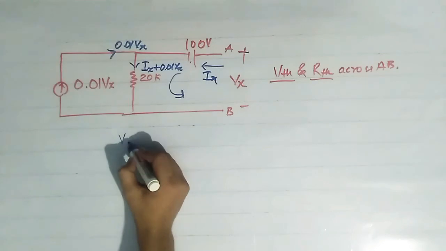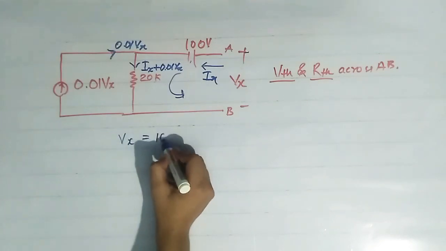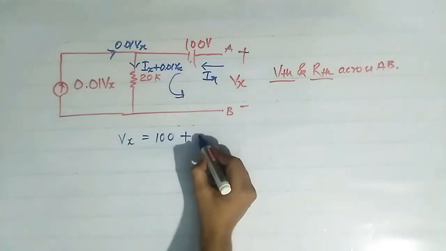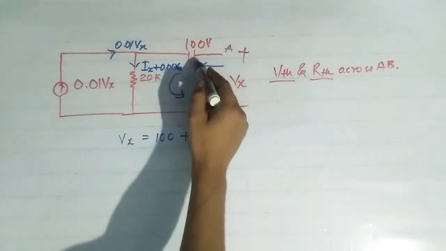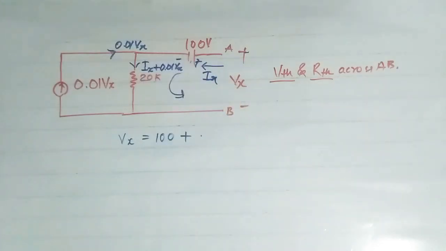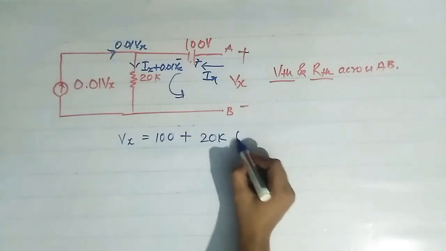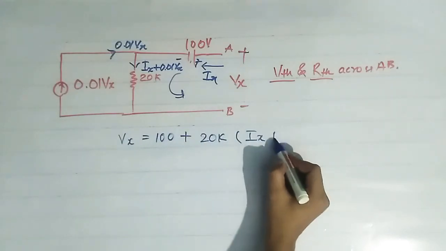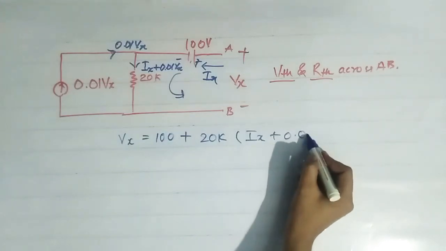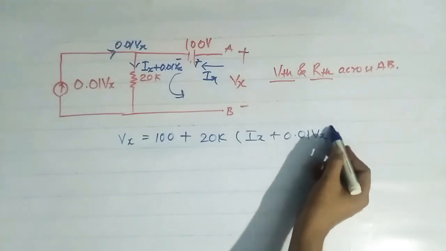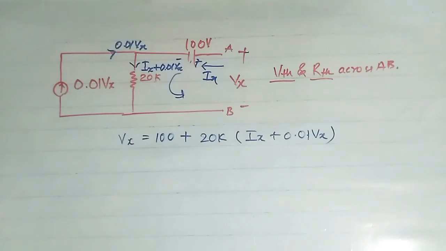So we can write Vx is equal to 100 plus, here this positive terminal is encountered, so 100 plus 20k into Ix plus 0.01 Vx. This is the current.